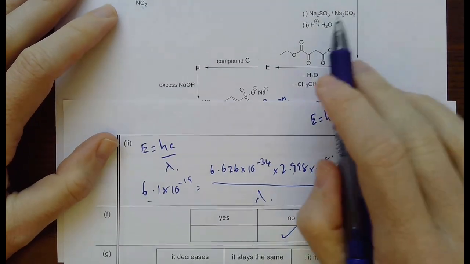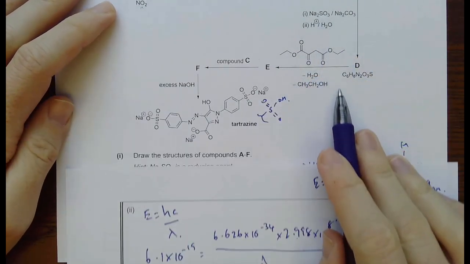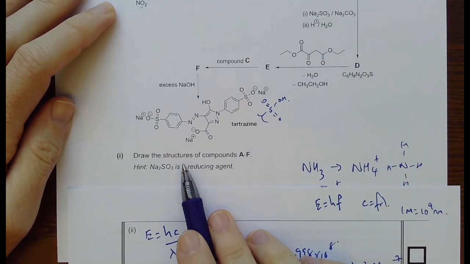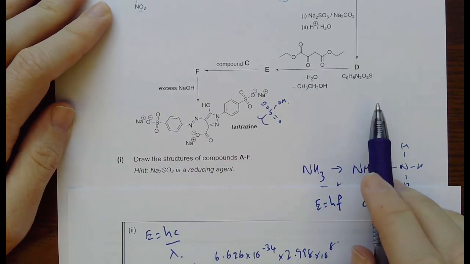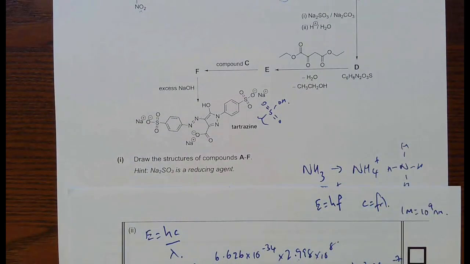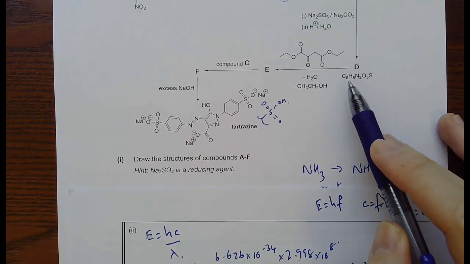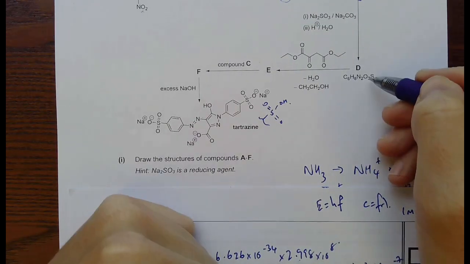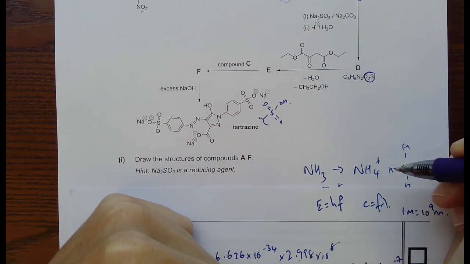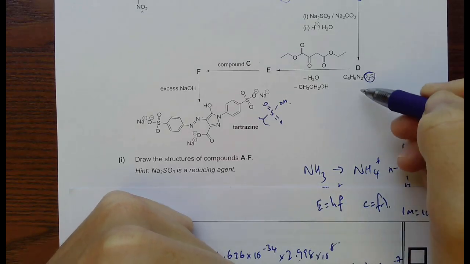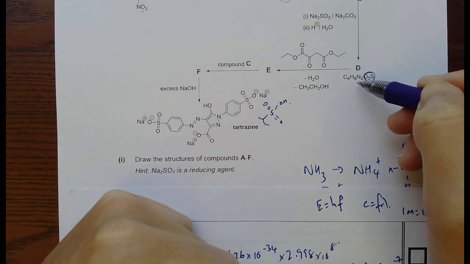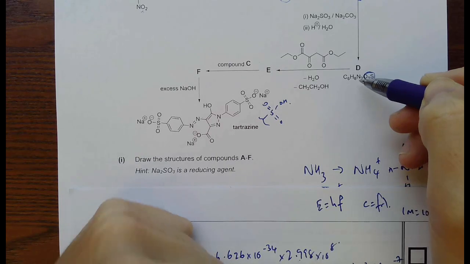Then we have this Na2SO3, which we are told down here is a reducing agent, very generously. So we then have C6H8N2O3S. Again, remember that is not going to be changing, and I then have 3 more hydrogens essentially.